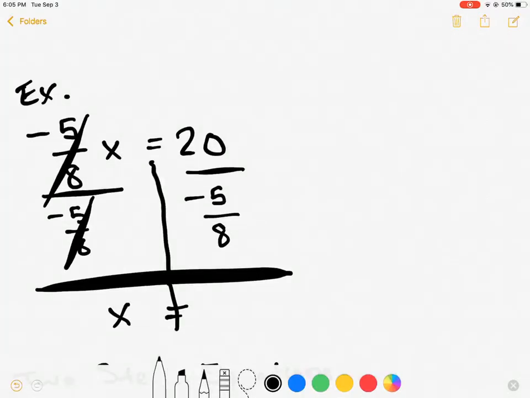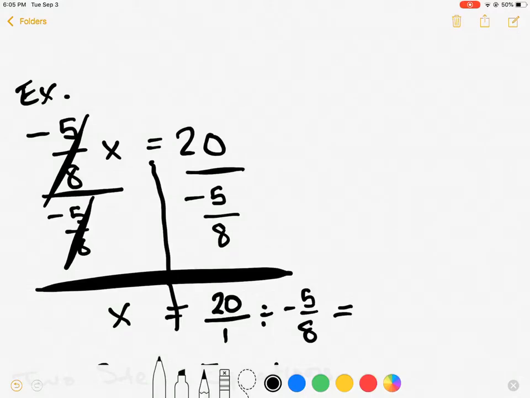So I'm going to represent this a little bit differently. We'll have 20 over 1, and it's being divided by negative 5/8. It might be easier to solve this one instead of dividing 20 over 1 by negative 5/8. We can do something called multiplying by the reciprocal.